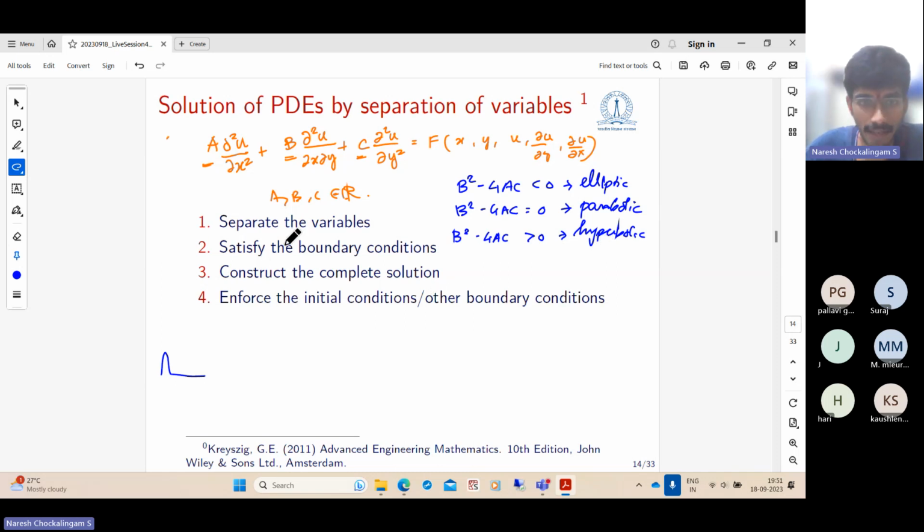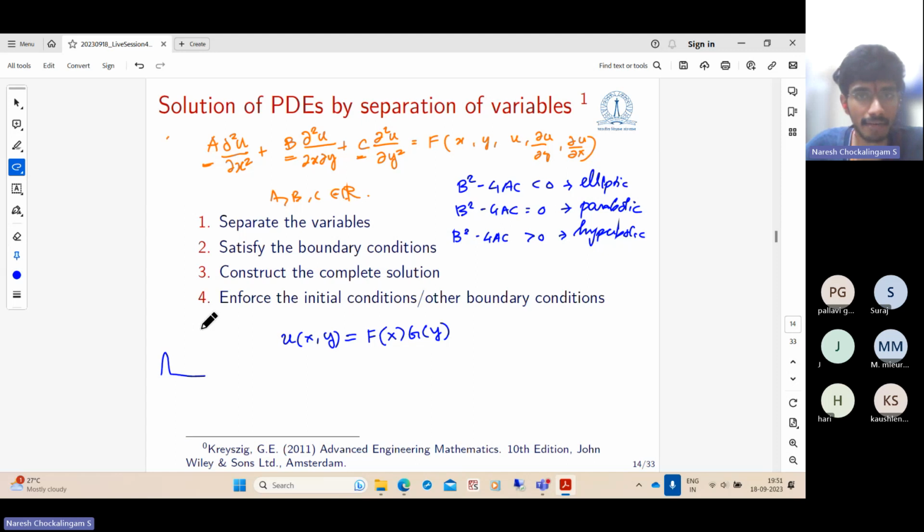So the first step is to separate the variables. Suppose you have 2 variables, u of x comma y. You know, partial differential equations deal with multiple independent variables and one dependent variable. So the trick is you assume that it admits a product form of solution, f of x, g of y.